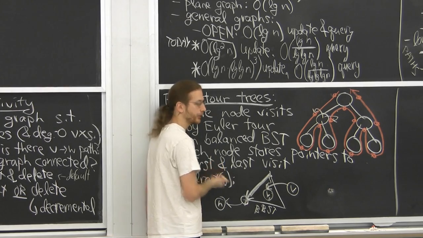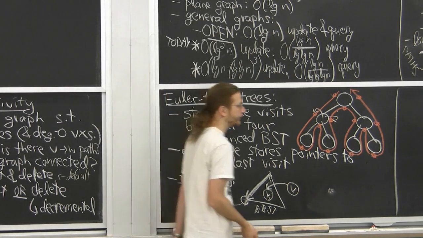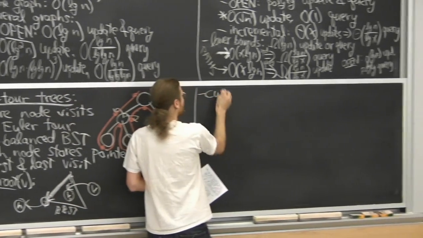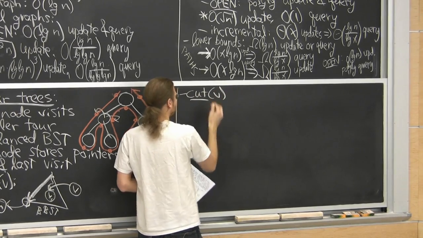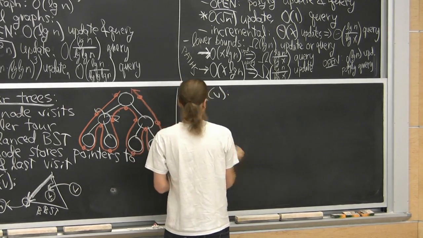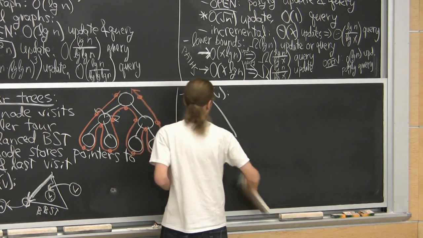That's order log n because this thing is balanced, and we found the root. So that's easy. It turns out the other operations are not too hard if you can split and concatenate your tree. So let's start with cut. Maybe need a bigger diagram.